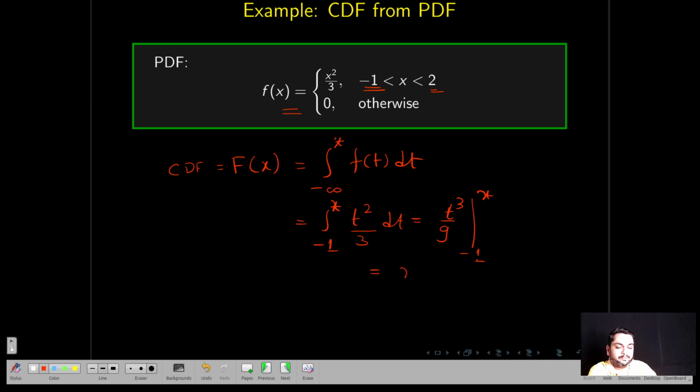So this will be x cube by 9 minus 1 by 9. So that will be x cube minus 1 divided by 9. Okay, this is your CDF function. Just a simple thing: substitute t, integrate from the lower bound to the x value, then you will get that CDF function.